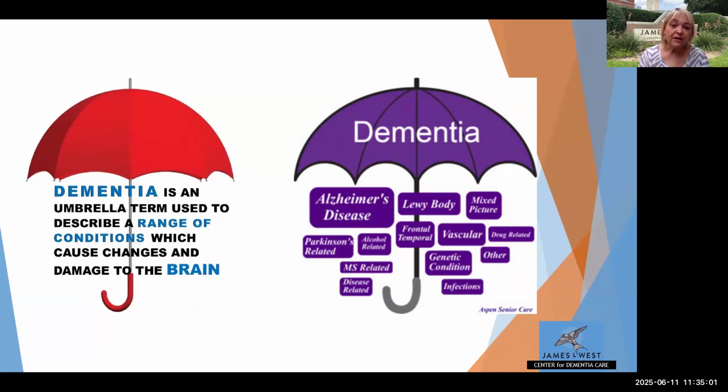You can see under that umbrella there's all types of dementia. And on this particular graphic, it says frontotemporal. FTD actually has its own umbrella because there's all these different types of frontotemporal dementias or disorders. Vascular dementia has its own umbrella because there's all types of vascular dementias. But today we're focusing on FTD.